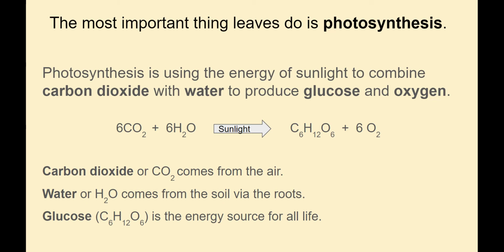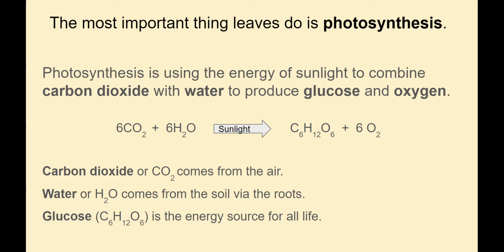Now, in the leaf, in the chloroplast, because there is chlorophyll, that is a pigment, it absorbs sunlight, and the plant uses that energy from the sunlight to combine two different chemicals. The first one is called carbon dioxide, and you've probably heard that before because all living things expel or breathe out or release into the environment carbon dioxide.